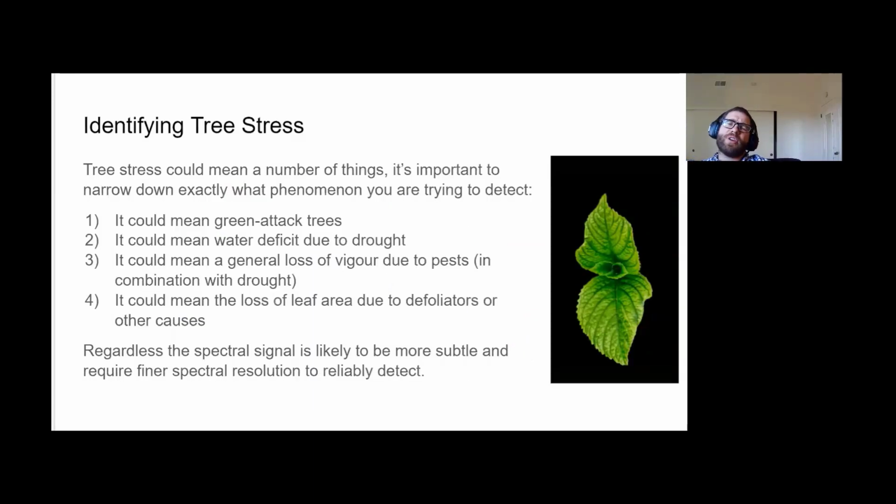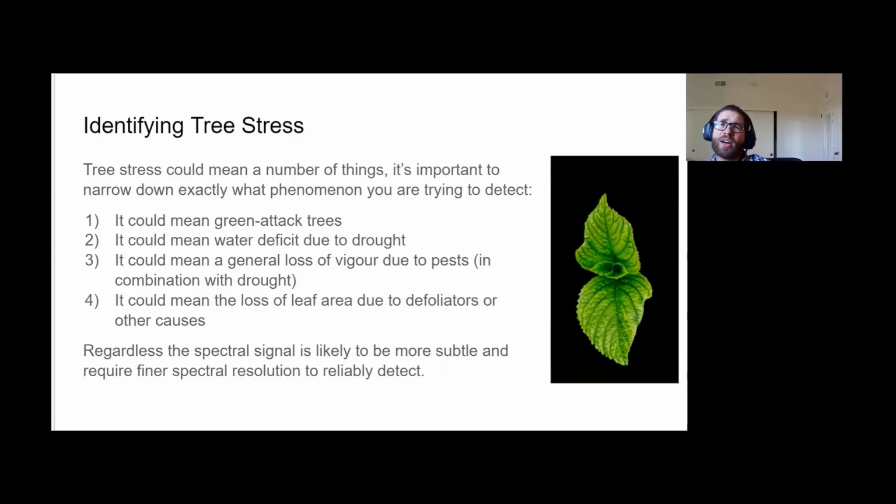Tree stress is a very generic term, and when one is trying to identify it, they need to think carefully about what exactly they are trying to detect. In the past couple of slides, I've mostly been honing in on moisture stress. But even in a drought, this is not necessarily the only type of stress that is possible. For example, a defoliator or sapsucker might take advantage of a tree's reduced natural defenses and attack a tree.